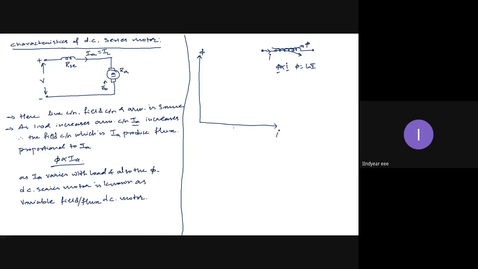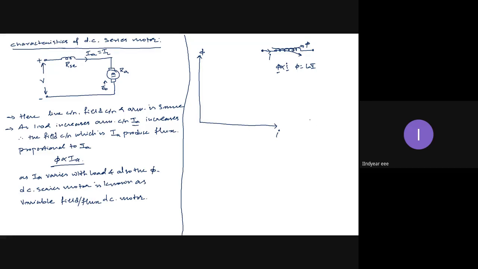Now, what happens when initially, suppose this coil is wound on a magnetic core? None of the magnetic coils or electromagnetic coils in my motor or any machine is without a core. Every electromagnetic coil is wound in the form of winding, and that winding is either in the armature slot or in the field pole. In both cases, there is a magnetic core associated with that winding.